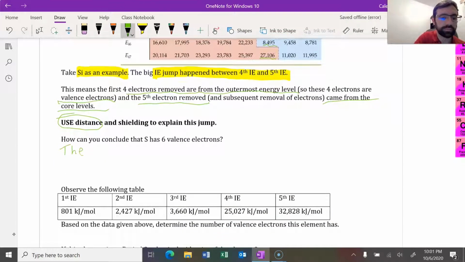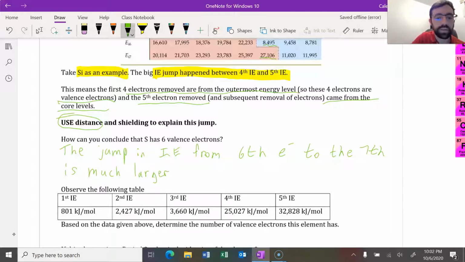The jump in ionization energy from the 6th electron to the 7th is much larger than any other increase in ionization energy.